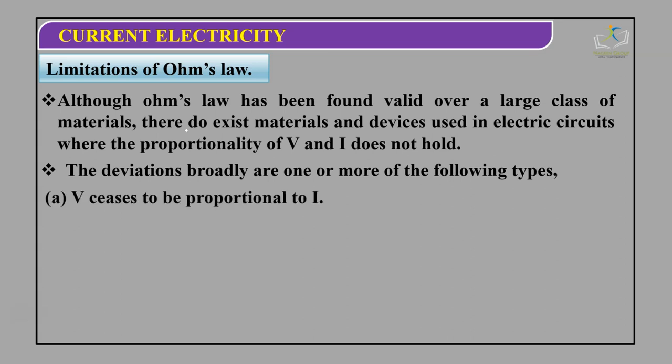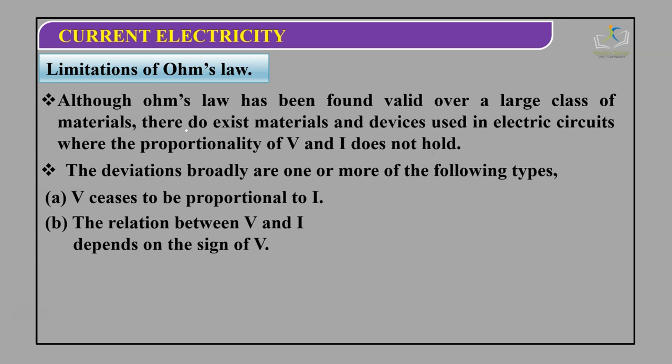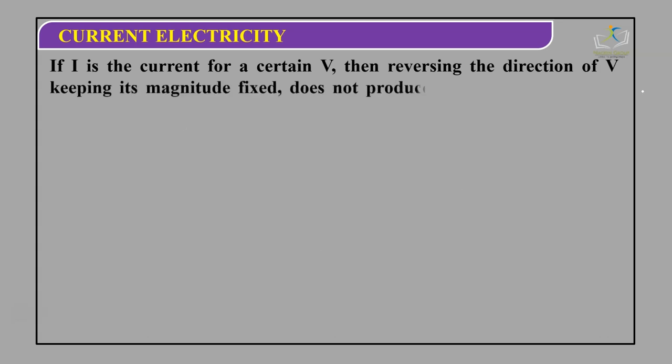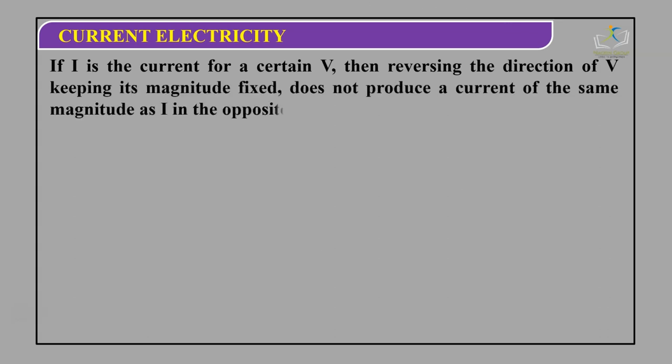First, V ceases to be proportional to I. The relation between V and I depends on the sign of V. If I is the current for a certain V, then reversing the direction of V, keeping its magnitude fixed, does not produce a current of the same magnitude as I in the opposite direction.